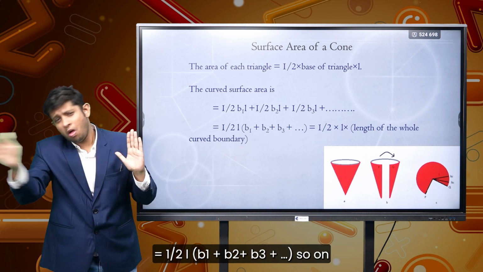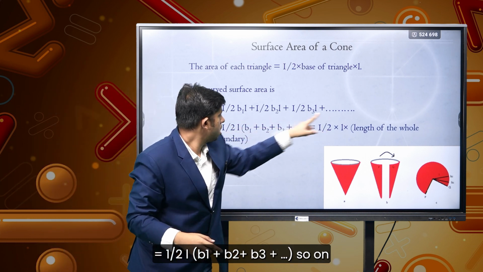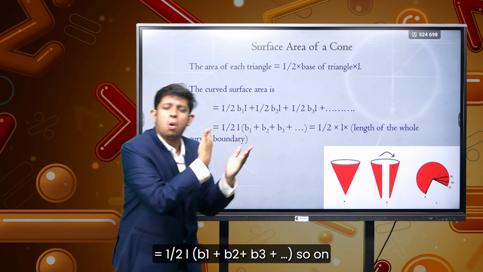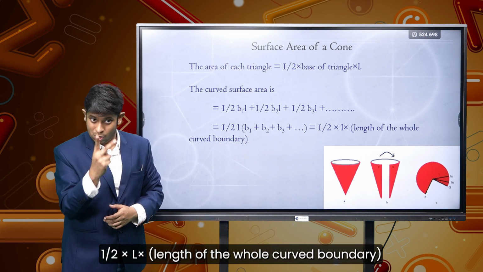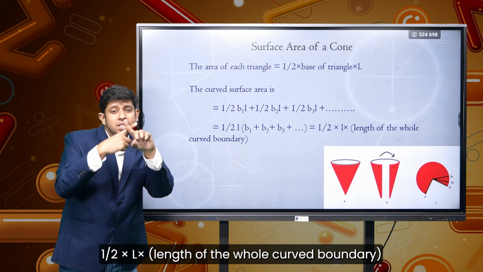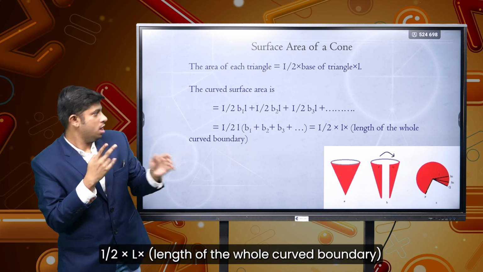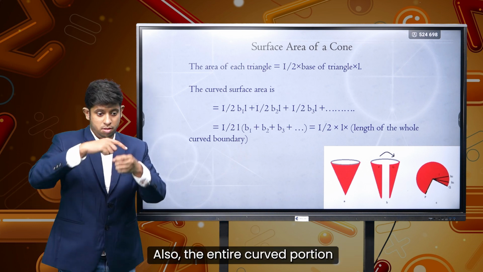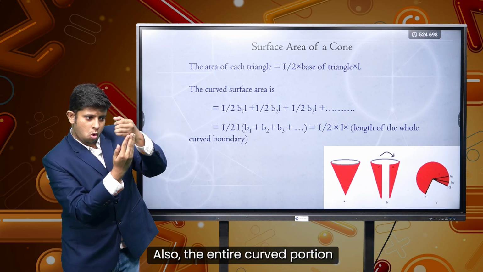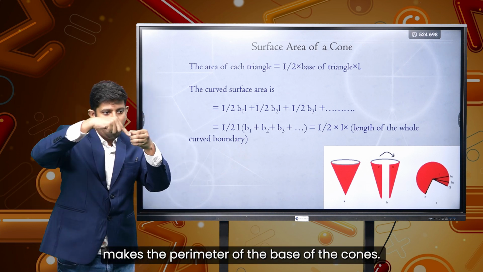That is equal to half. Taking L common, we get half into L into B1 plus B2 plus B3, and so on. That is half into L into length of the whole curved boundary. Also, the entire curved portion makes the perimeter of the base of the cone.